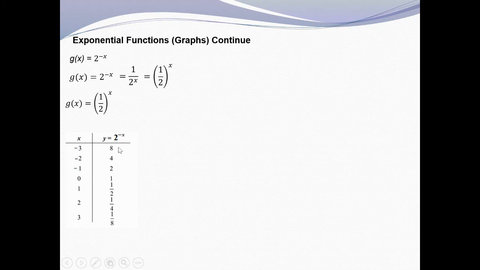Again here, guys, I'm going to plug in the values, and I'm going to show you how they got these values. For example, if x is -3, I'm going to plug -3 into (1/2) to the x.